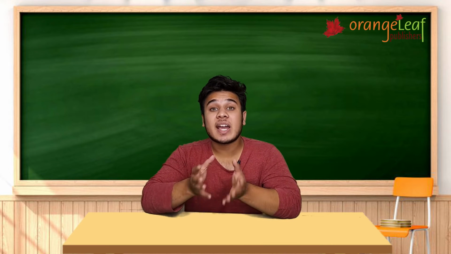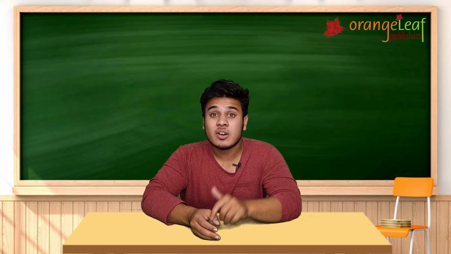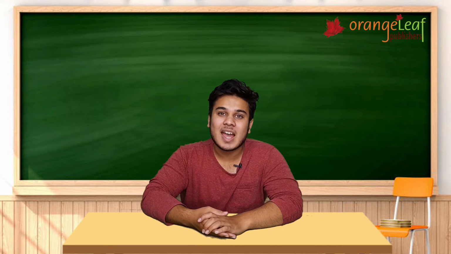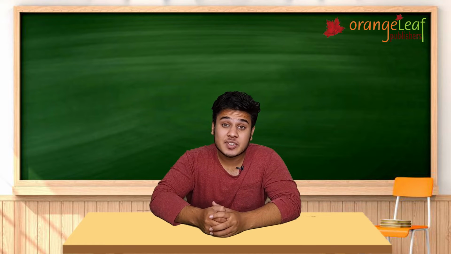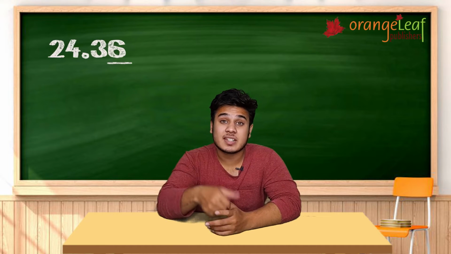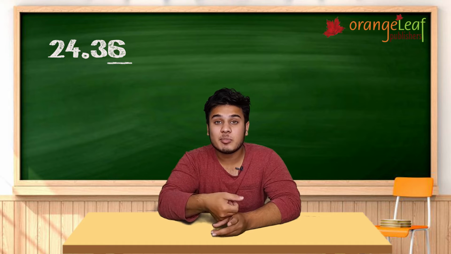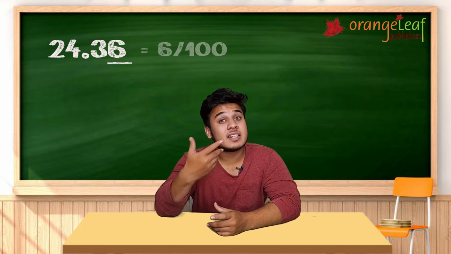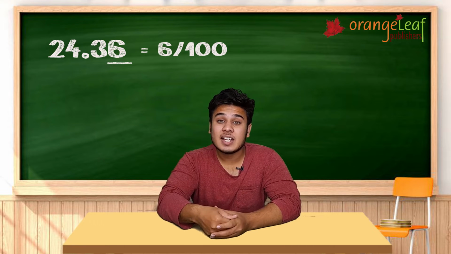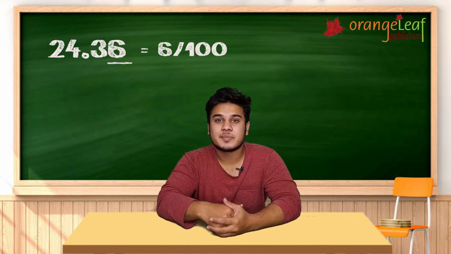We now have to identify the place value of the underlying numbers. I'll help you out with the first question. The first question gives us 24.36. The underlying number here is 6. So, 6 being in the decimal part, we write that as 6 by 100.